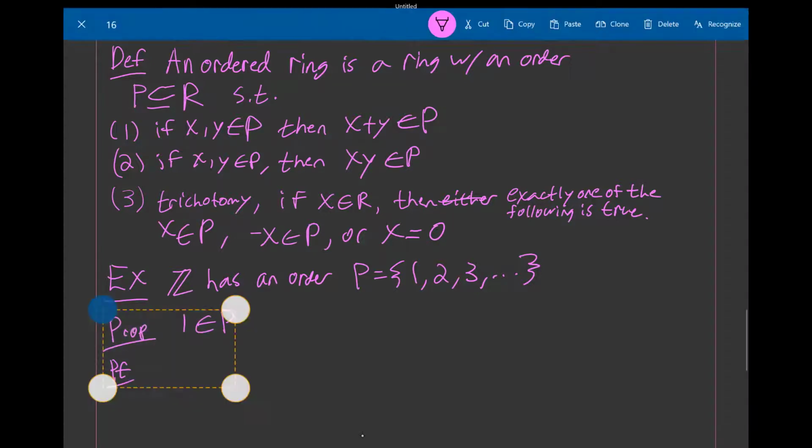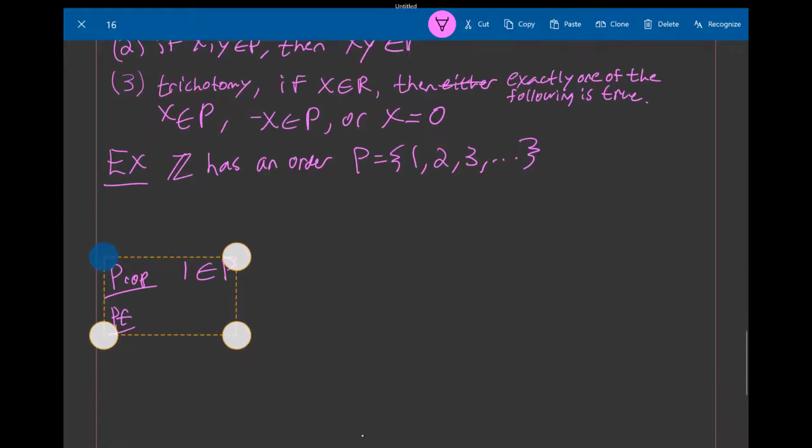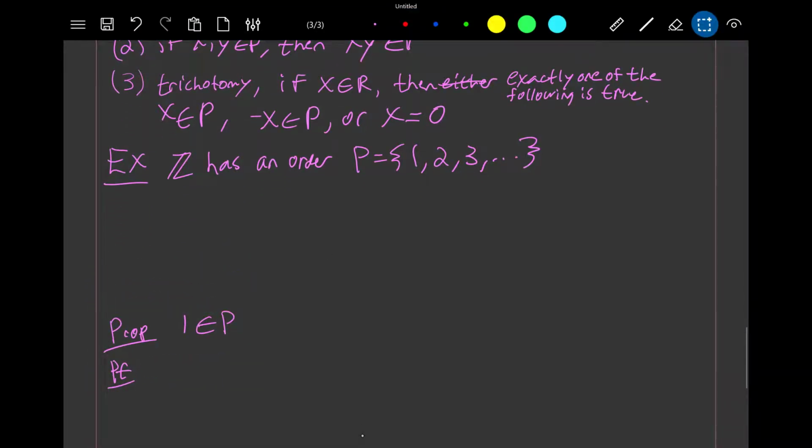I am going to move this down because there's something else we need to prove first. So -1 times x is equal to -x.